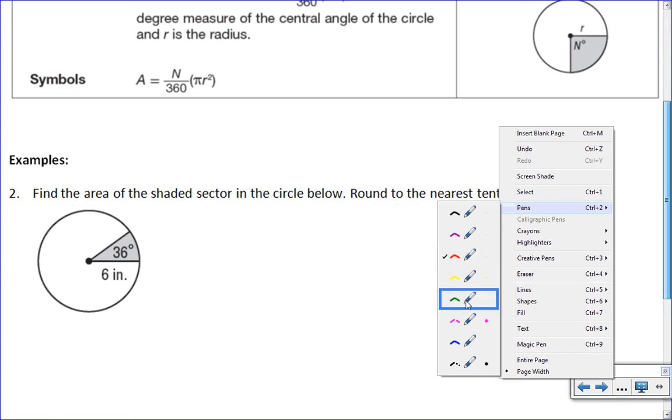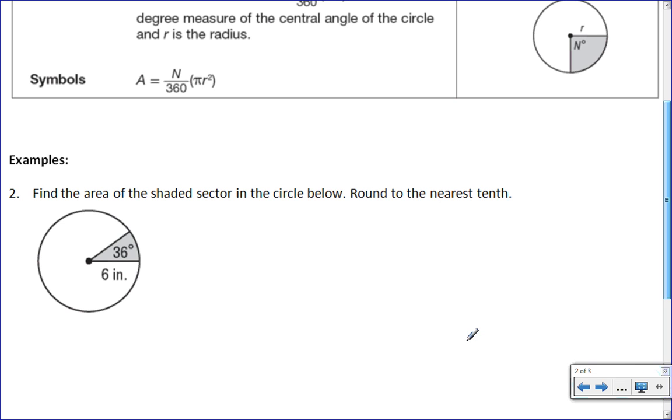Example 2 says, find the area of the shaded sector in the circle below, round to the nearest tenth. Well, we'll use the formula for area of a circle, but we need to include this fraction in front of it. So the degrees out of 360, this one is 36 degrees. So 36 over 360 times pi r squared, and the radius is 6.